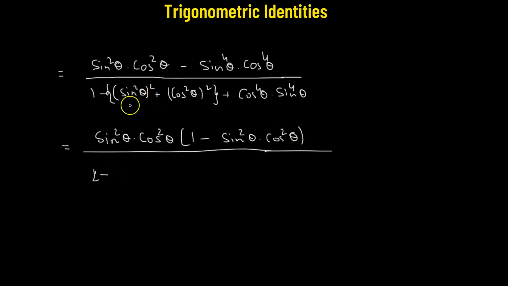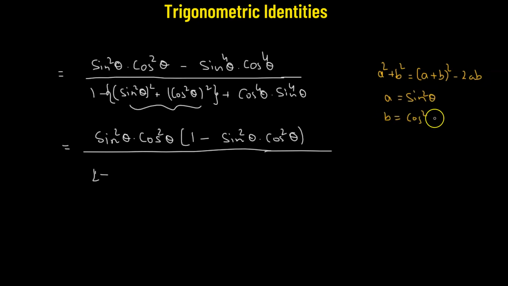minus. Now the whole reason we wrote it in this format, sine squared theta whole squared, is because we know that whenever we have a squared plus b squared, that is equivalent to a plus b whole squared minus 2ab. So in our case, a is equivalent to sine squared theta and b is equivalent to cosine squared theta.